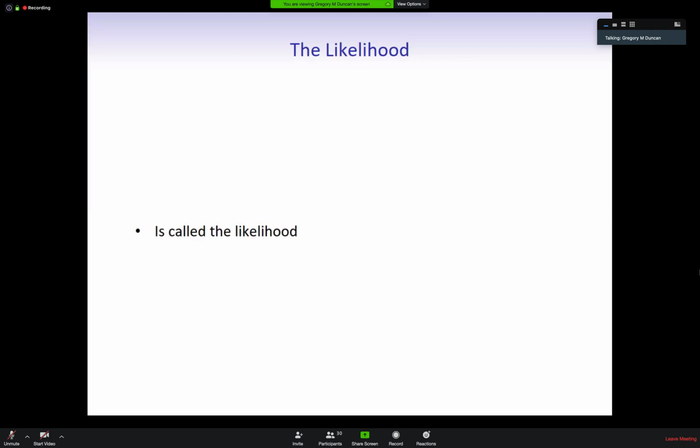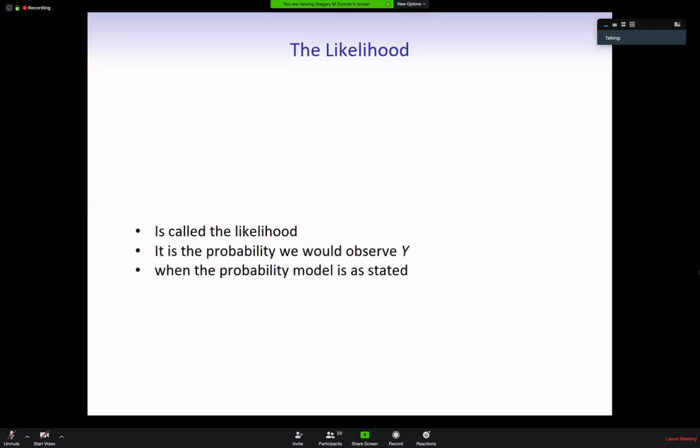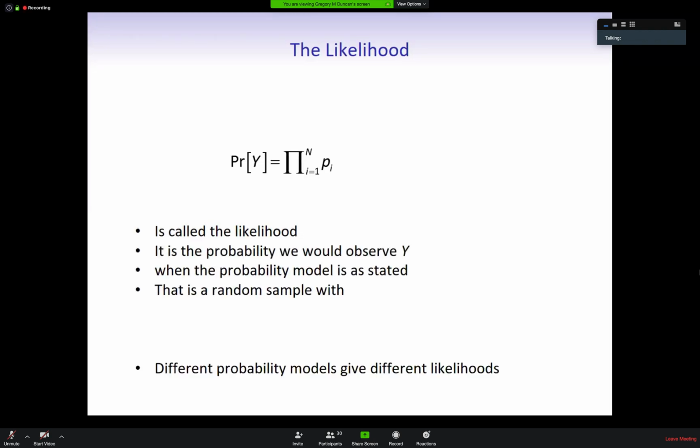Another problem. Okay. The probability of Y is the product, I equals 1 to n, of the PI's, product I equals 1 to n of P to the YI, 1 minus P to the 1 minus YI, and that's true regardless of what Y is.